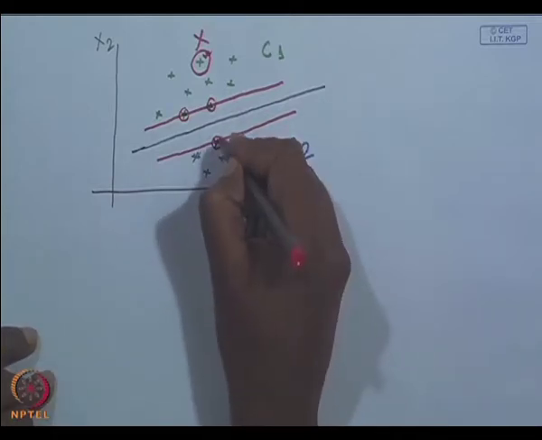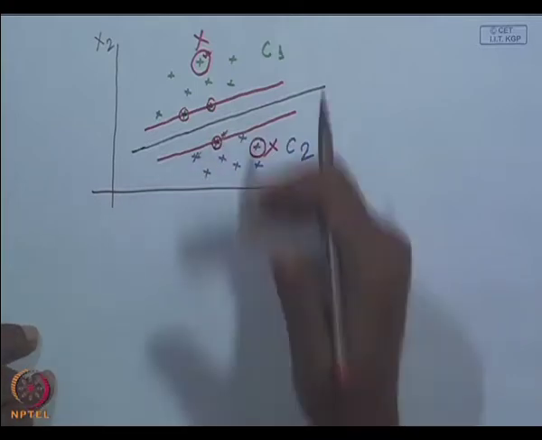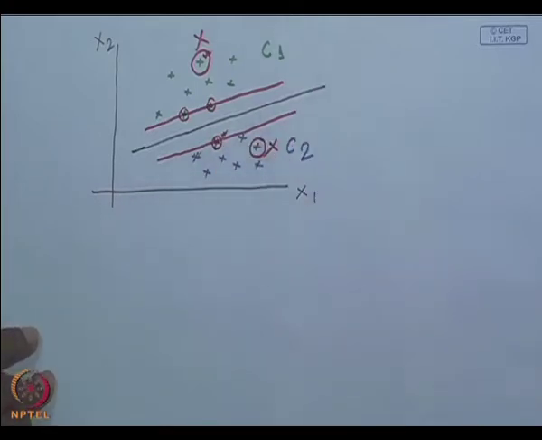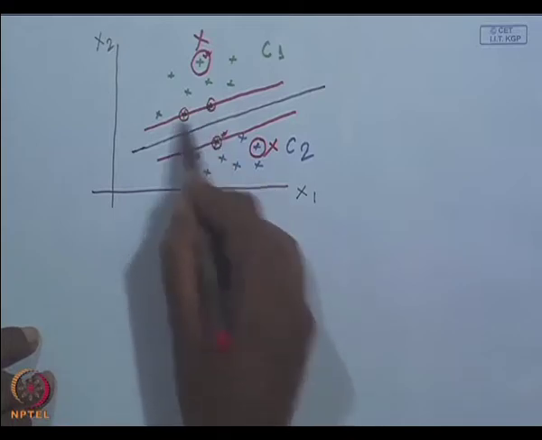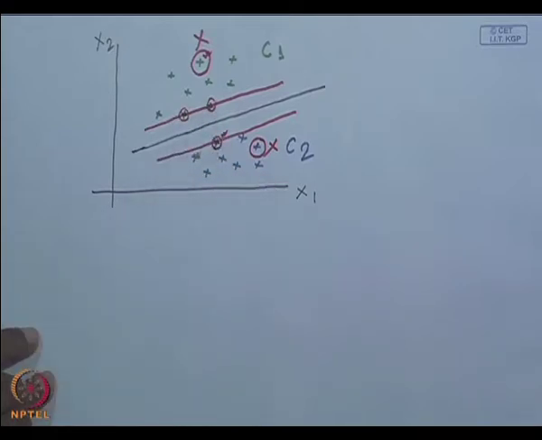But if I remove this other feature vector from my training set, the position of the hyperplane is going to be different. So, these are the feature vectors which are called support vectors. The other vectors are not support vectors. So, this support vector machine is again a linear machine whose design is greatly influenced by the positions of the support vectors, and its position is not that much influenced by the feature vectors which are not support vectors.